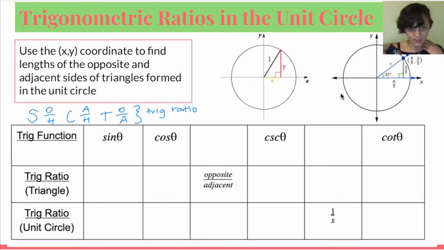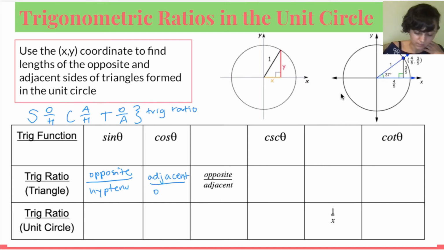So sine, as I can see in SOHCAHTOA, is my opposite side over my hypotenuse. Cosine is the adjacent side over my hypotenuse.